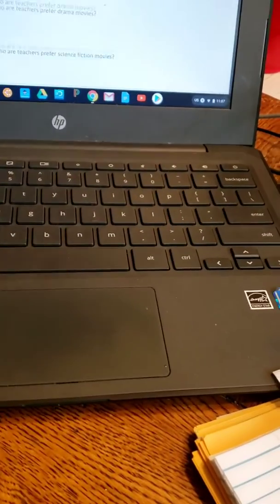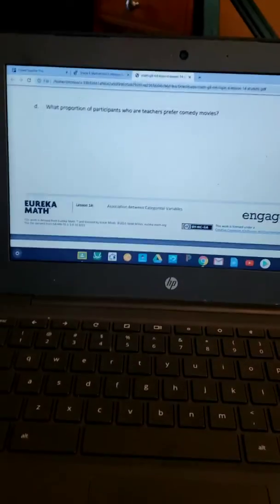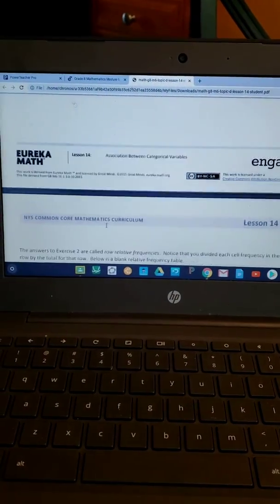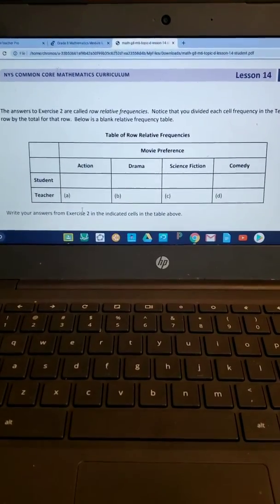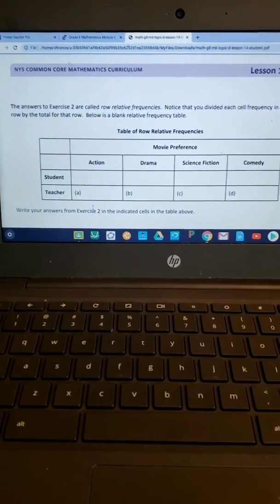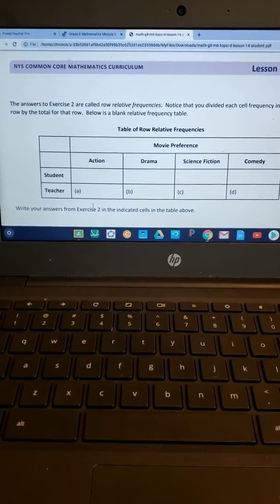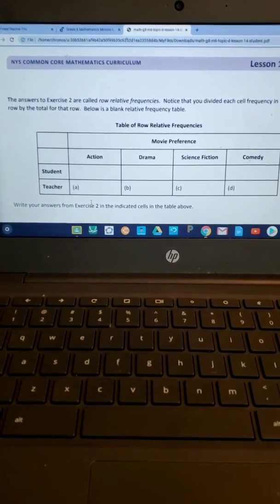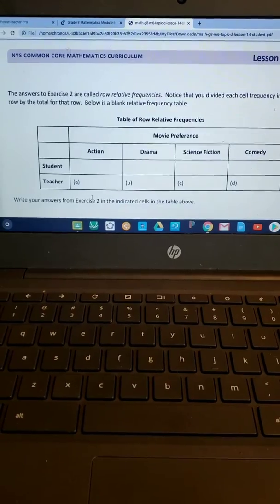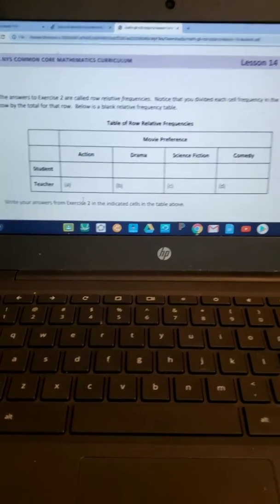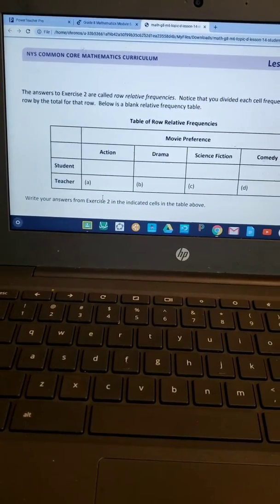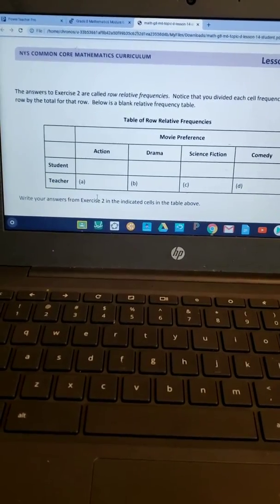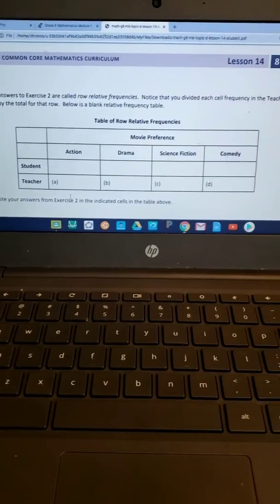Moving on to the next page. It says the answers to exercise 2 are called row relative frequencies. Notice that you divided each of the cell frequencies in the teacher row by the total for the row. Below is a blank relative frequency table.